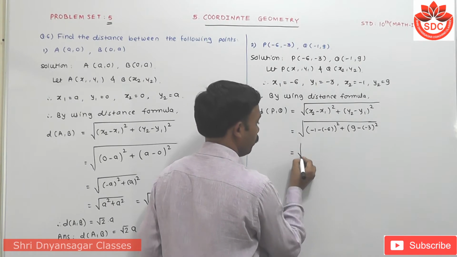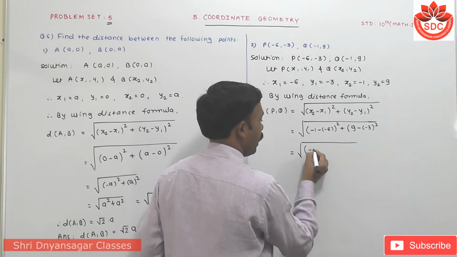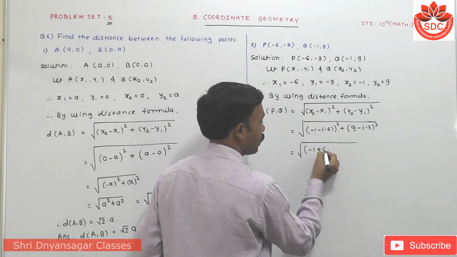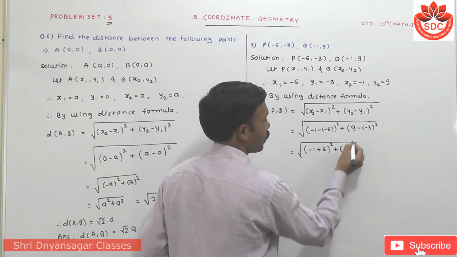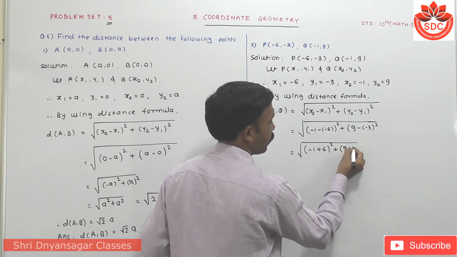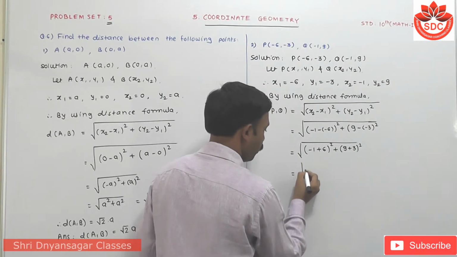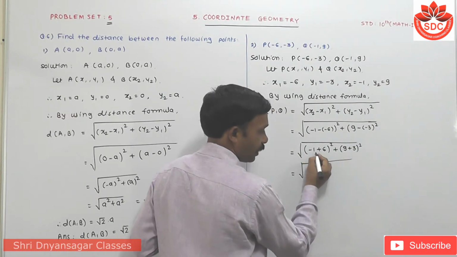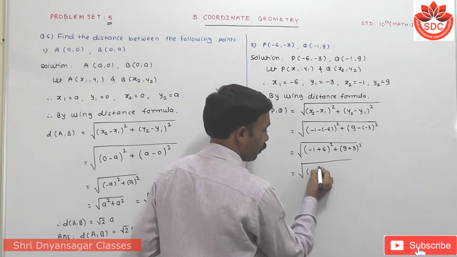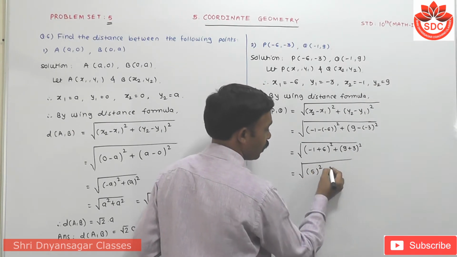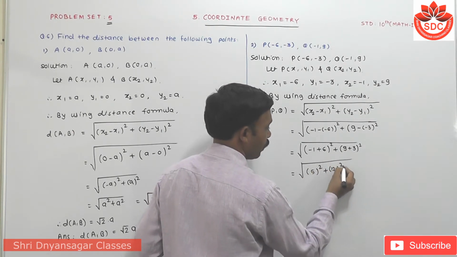Then this value becomes (-1 plus 6) whole square plus (9 plus 3) whole square. Then the subtraction gives 5 whole square plus 12 whole square.